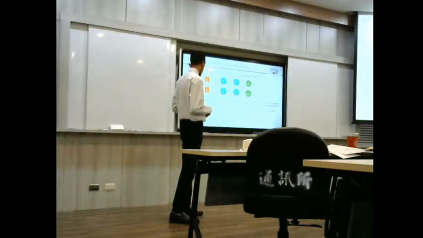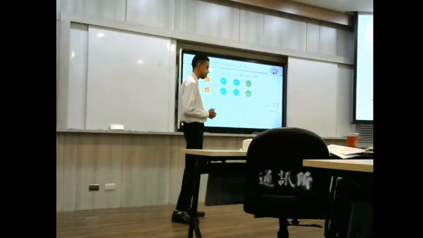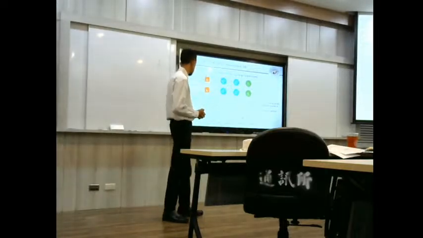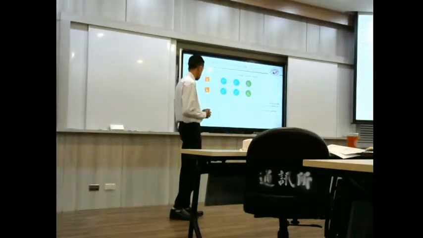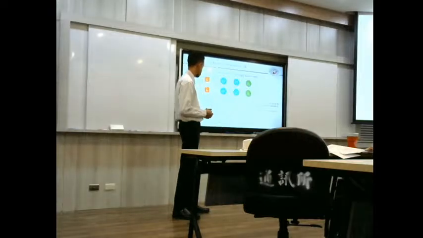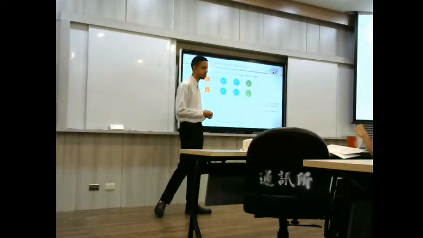To minimize the loss function, we have a lot of ways. One of the methods is using stochastic gradient descent. It can be expressed as next W is equal to present W minus learning rate times the derivative of L with respect to present W. This process is repeated until convergence.